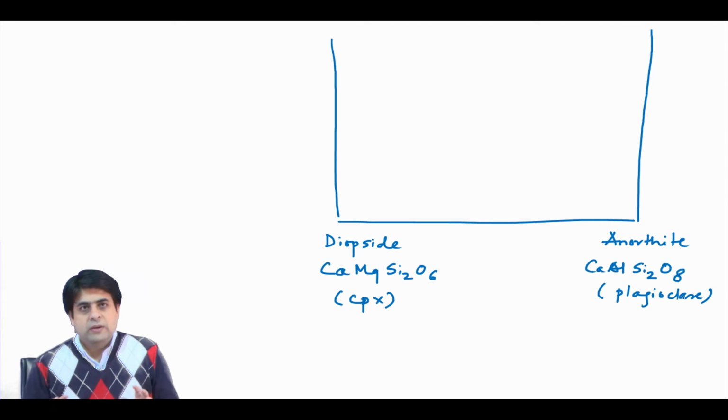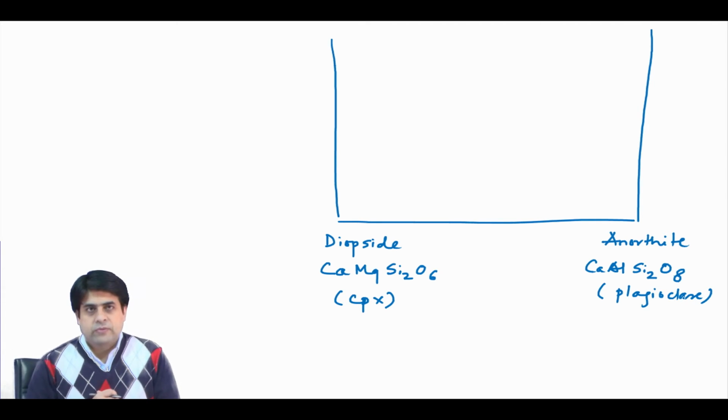So, before we start to understand this phase diagram, you should try to understand why this phase diagram is important. This phase diagram was studied by Bowen. He was the godfather of experimental petrology. He started experimental petrology in the Geophysical Laboratory in Washington DC in the US.